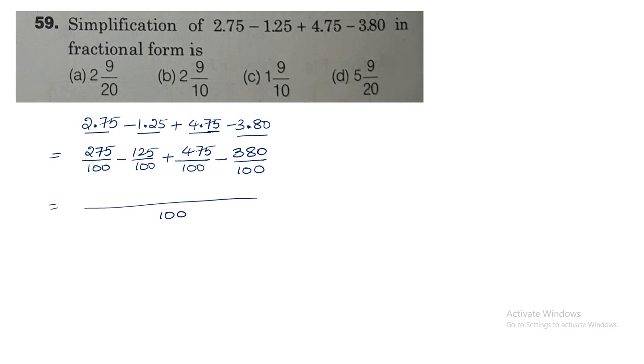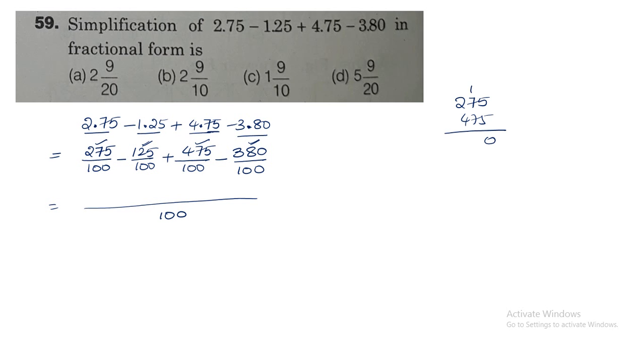In the numerator, we have the things which we need to subtract. The first and third terms are getting added, and the second and fourth terms are getting subtracted, right? So directly I am going to add the numerators. So 475 plus 275 I am going to add separately. So 5 plus 5 is 10.